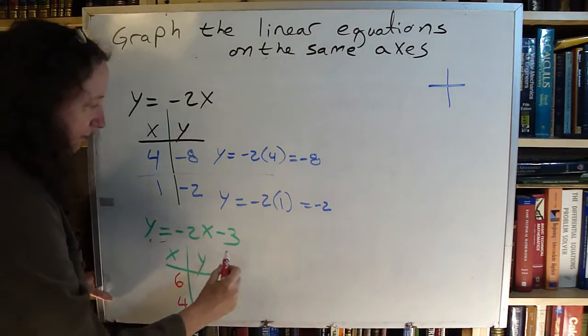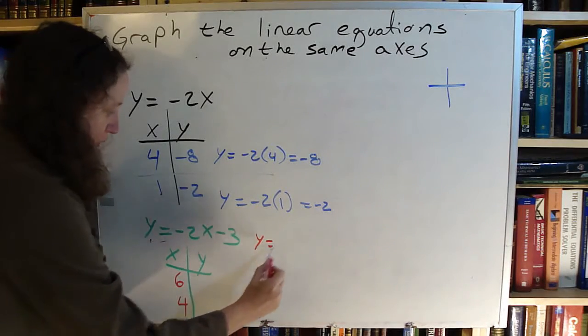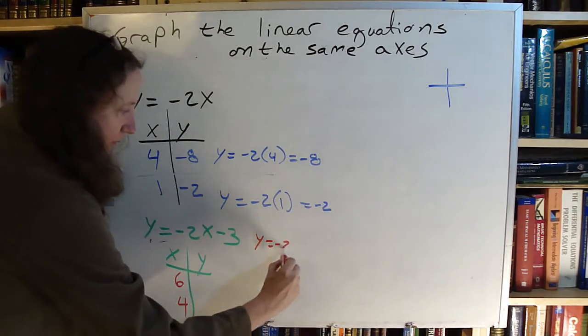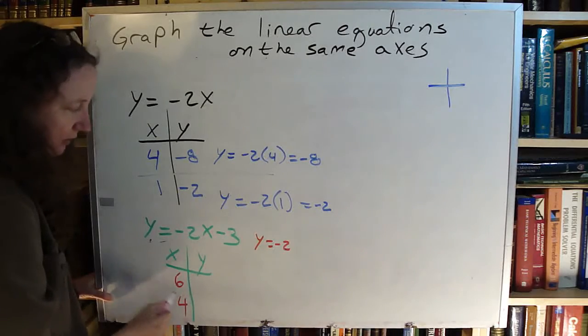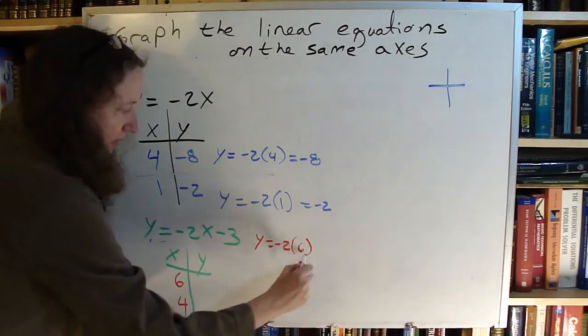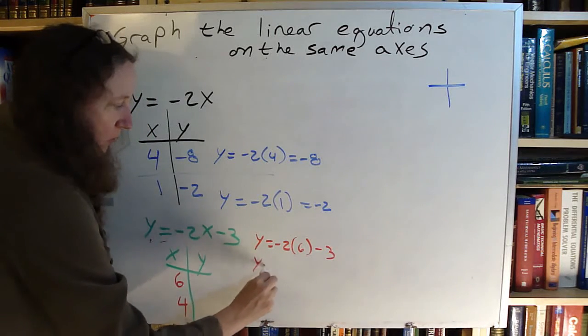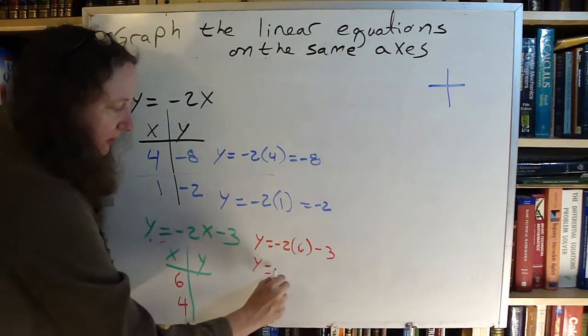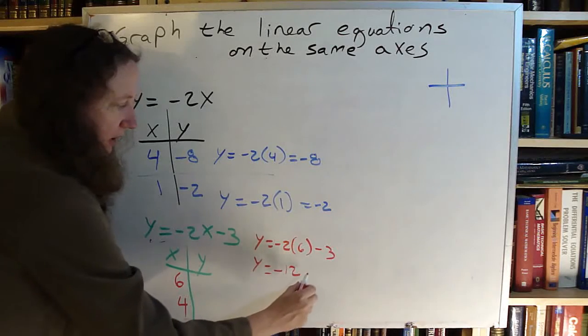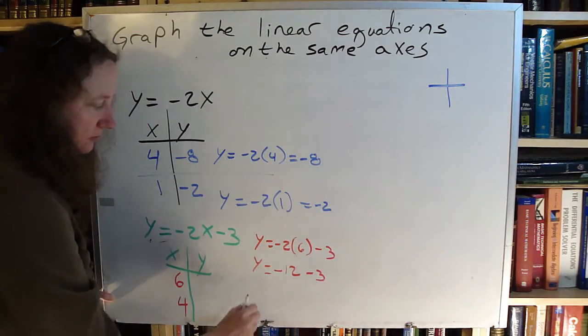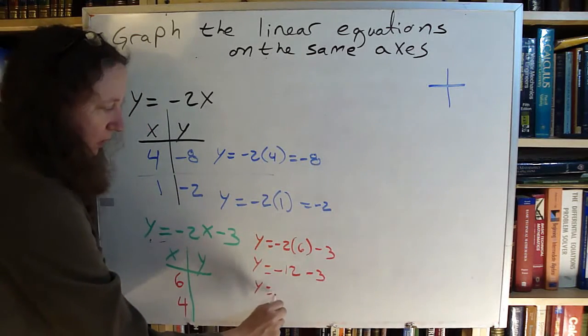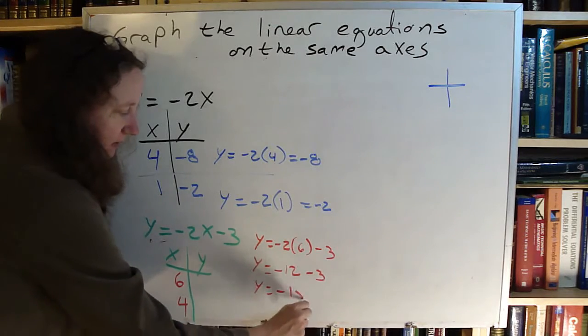So I have y equals negative 2 times x, I use 6, minus 3. Y equals negative 2 times 6 is negative 12. Carry down my minus 3. Y is negative 15.